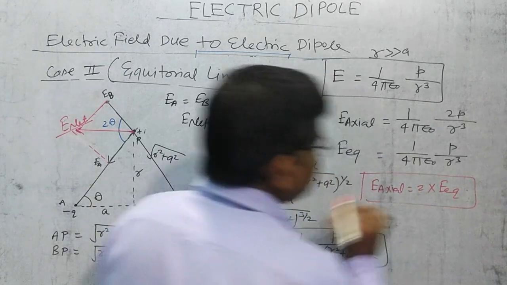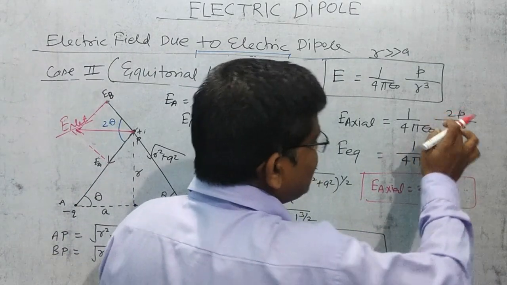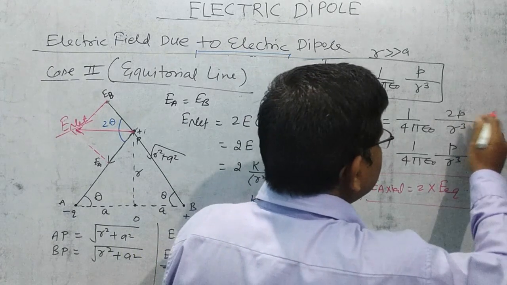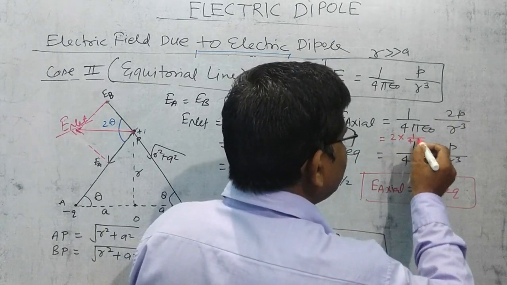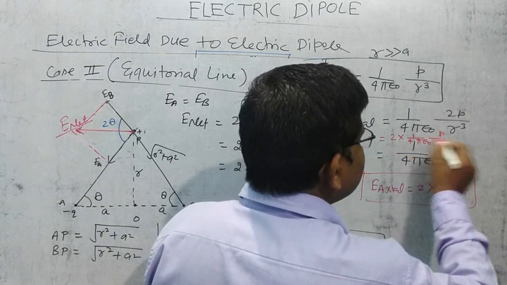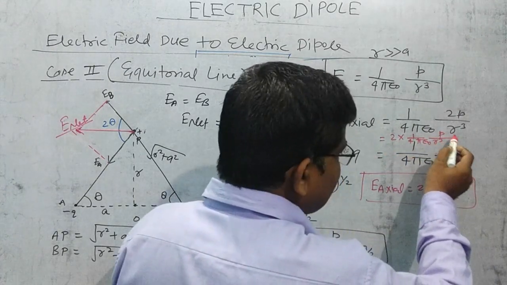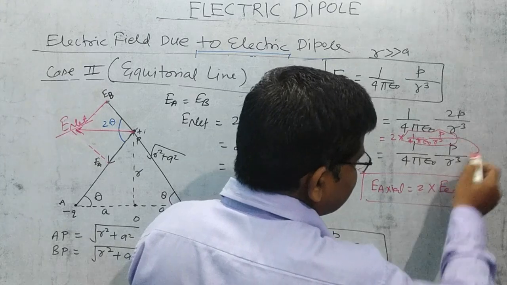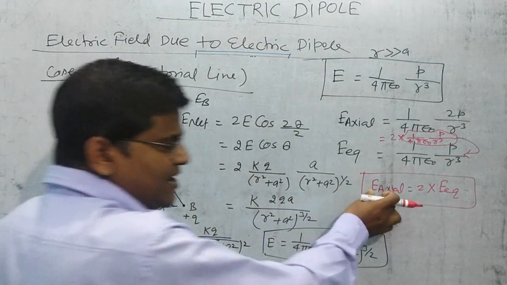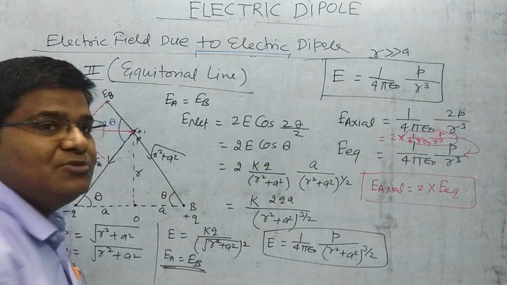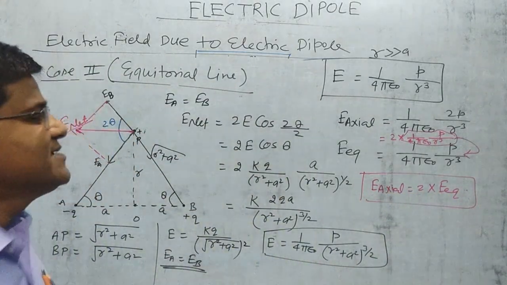Just multiply 2 into 1 upon 4 pi epsilon naught P by R cube, and this value is the equatorial, meaning 2 into E equatorial. E axial equals 2 into E equatorial. This is the second case.